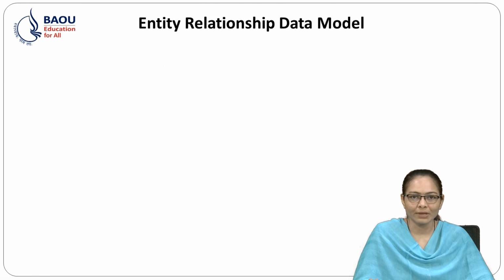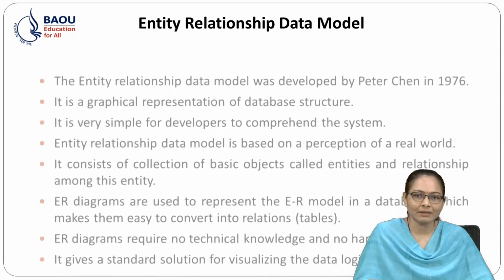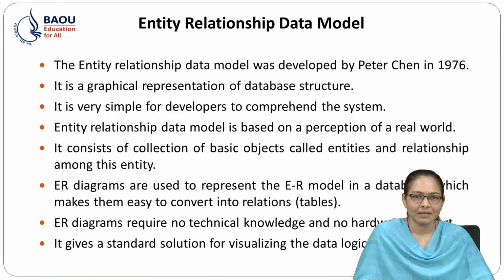Now we are going to start with the entity relationship data model. What is the ER data model? The entity relationship data model was developed by Peter Chen in 1976. It is a graphical representation of the database structure. Means the database structure is presented using a diagram.